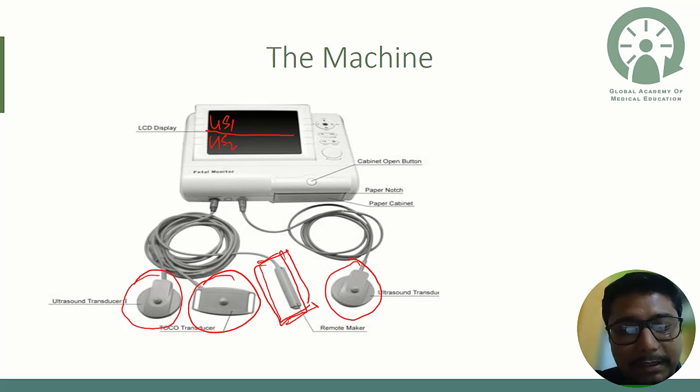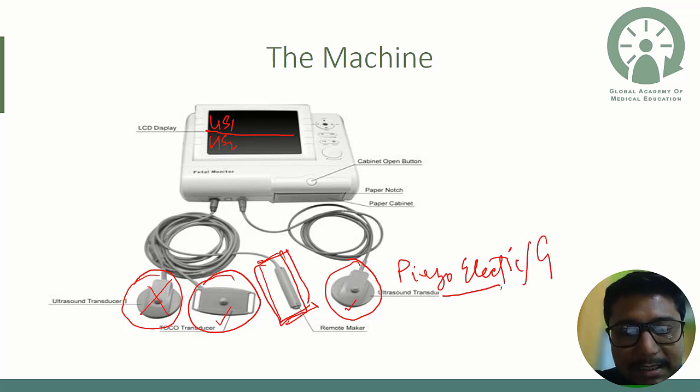So you can remember like this. Suppose it's not a twin, a singleton. We have 3 probes at hand, right? We have the pressure transducer, and we have the fetal ultrasound probe, which is a piezoelectric probe that picks up the fetal heart rate. Since it is a piezoelectric probe, this needs a gel interface.